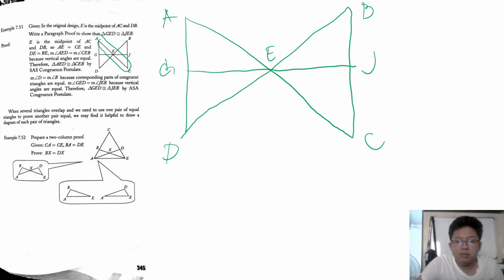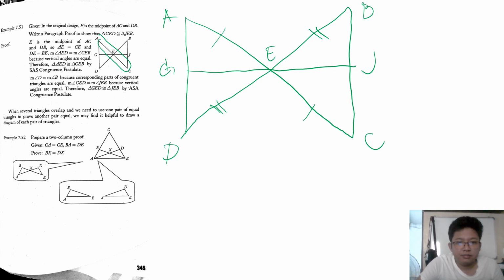Ibig sabihin, kung midpoint siya, itong mga to ay equal. So AE is equal to CE, and DE is equal to BE, kasi midpoint. Lagay natin yan.